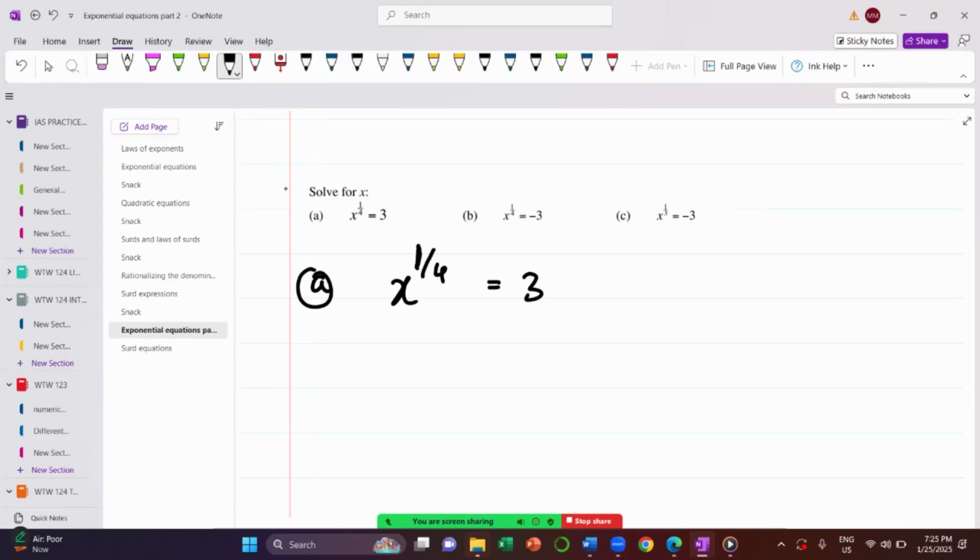So here I have 1 over 4. Check, here I don't have a 2 or another number, so I cannot take out any exponent. Even if I want to take out this one, it's still going to be x to the exponent of 1 over 4, all to the exponent of 1, because 1 over 4 times 1 is still 1 over 4. So doing that won't help. You see that?